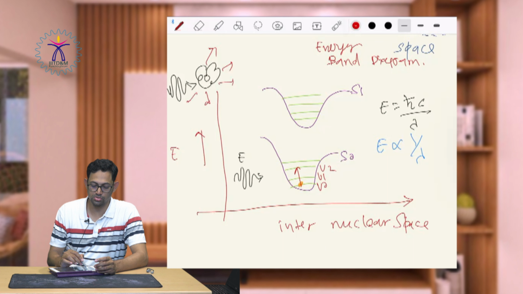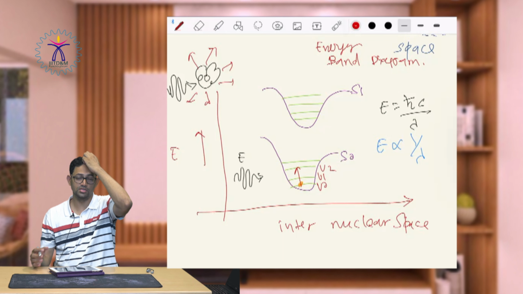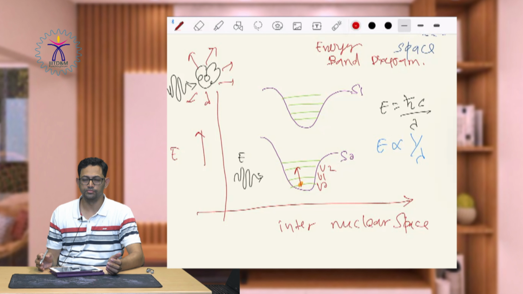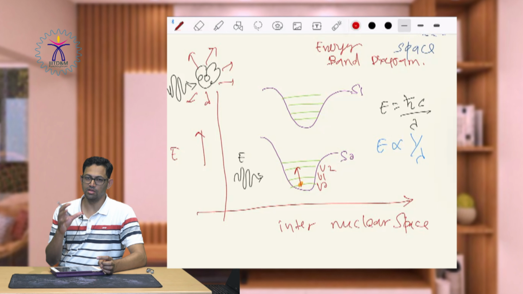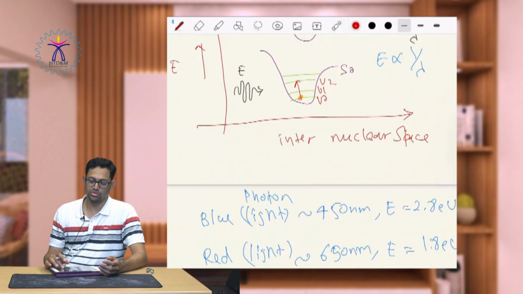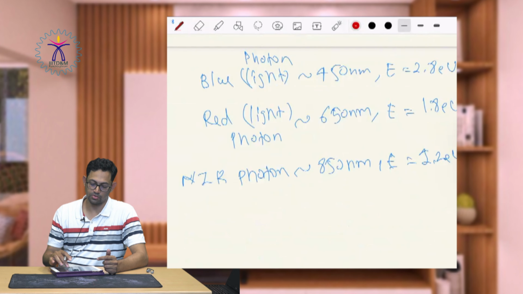Now it has to lose that energy because of the law of conservation of energy, the energy it gained from the interaction of this photon. So it will vibrate, and because of this vibration its temperature rises a little bit. This kind of interaction is known as infrared spectroscopy.